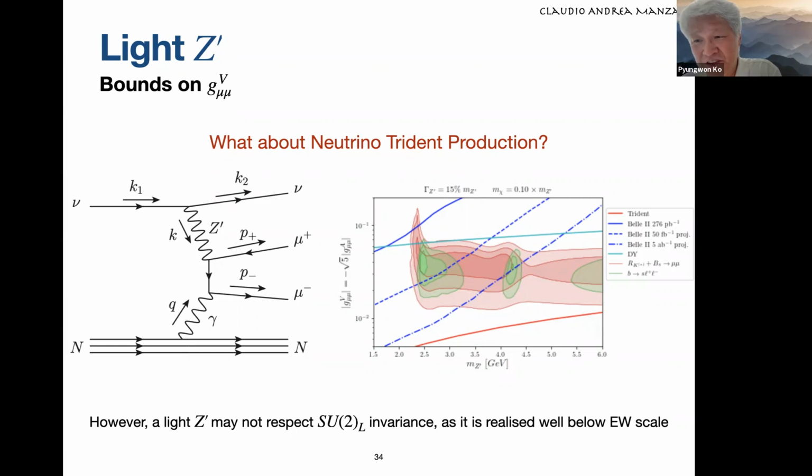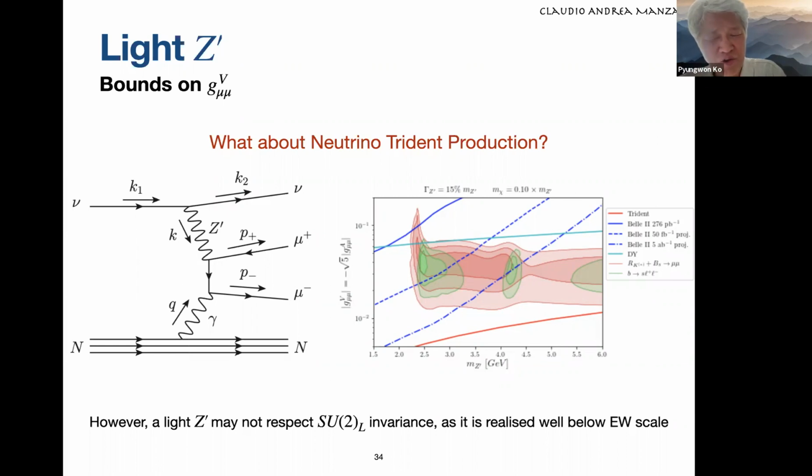Not like a rho meson or omega meson in QCD, which is more complicated. So let's assume Z prime is associated with some extra U1 gauge symmetry, and Z prime is light, of order below 10 GeV.